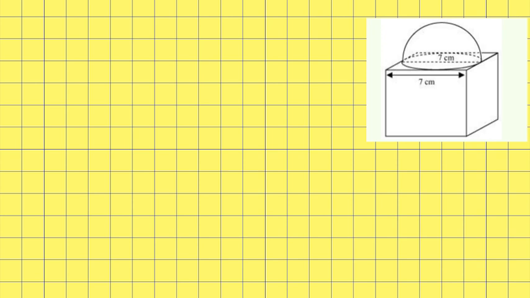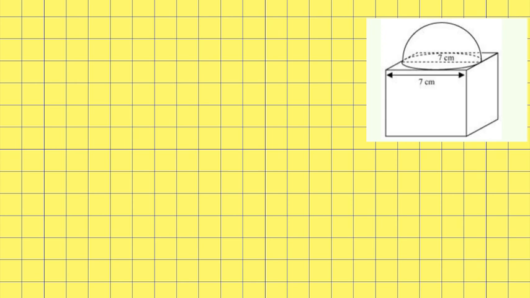Let's draw a picture of what it actually looks like from above. This is a diagram of what it looks like from above. All you see is a square with a circle cut out from the middle, and we have to find the area of the red shaded bits.